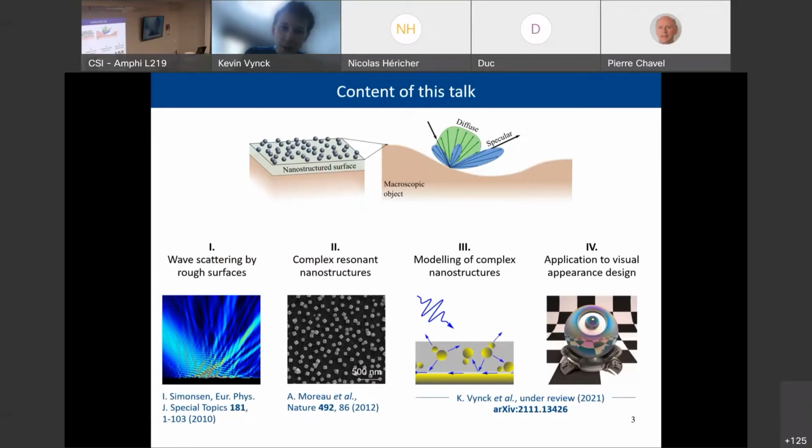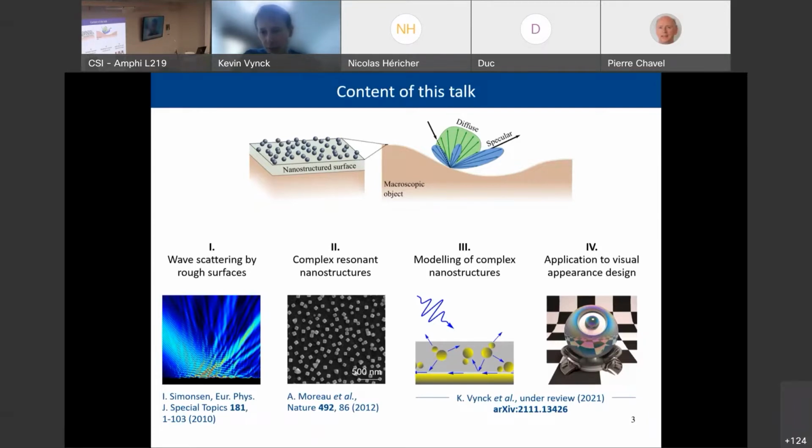In the second part, I will discuss more specifically those complex resonant nanostructures that have been studied for the past 2 decades and that are very interesting for many different applications. I will try to give a brief overview of those applications and why those structures are actually interesting.